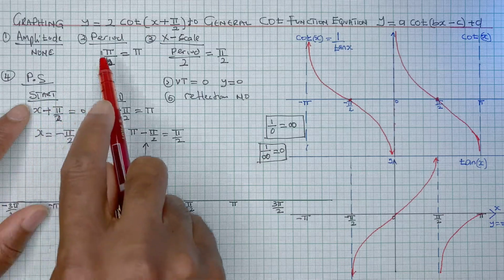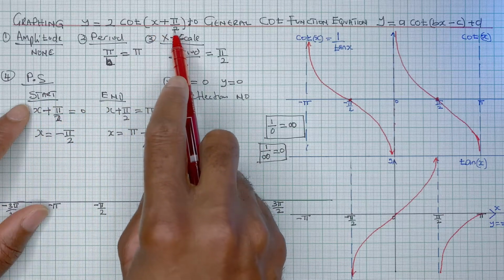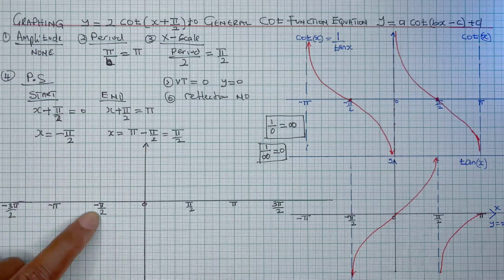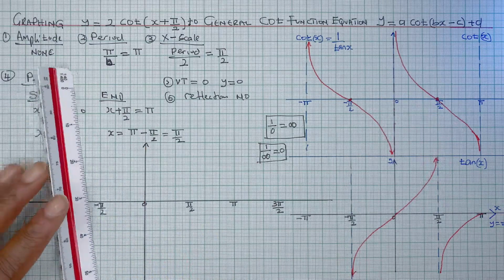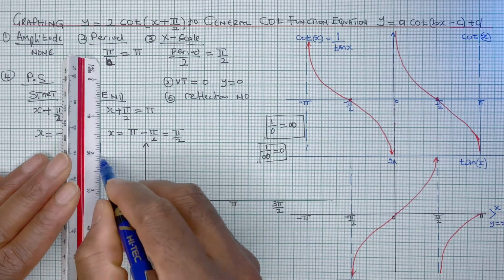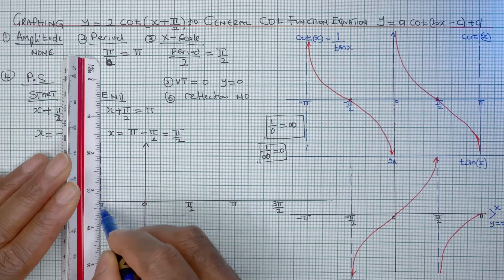We set x plus pi over 2 to 0, so that will be the line of asymptote for that curve. So we draw the line of asymptote there, because it's minus pi over 2.